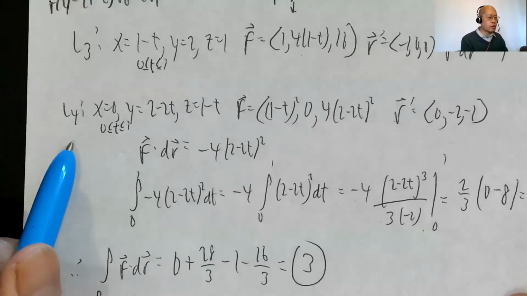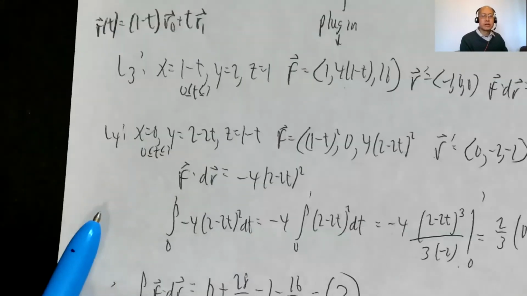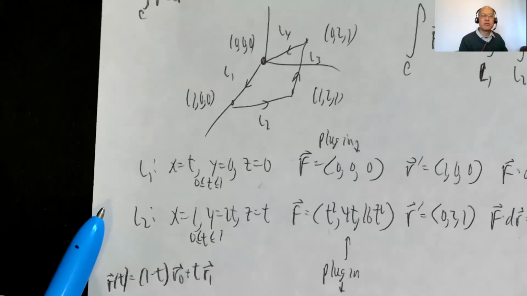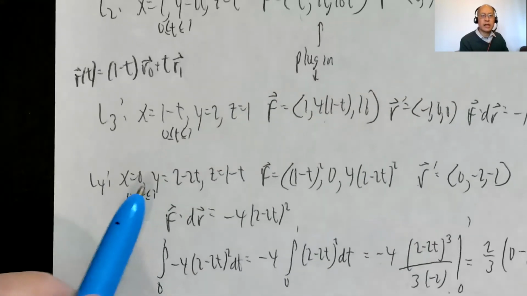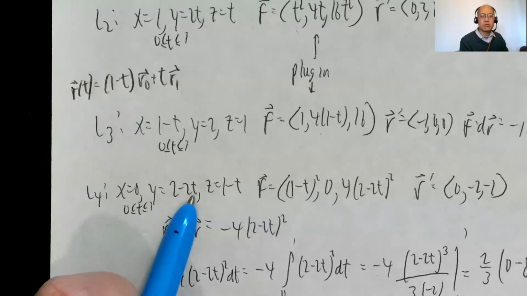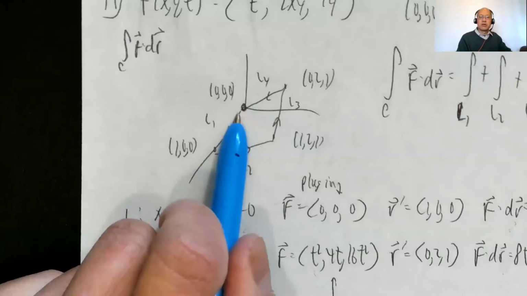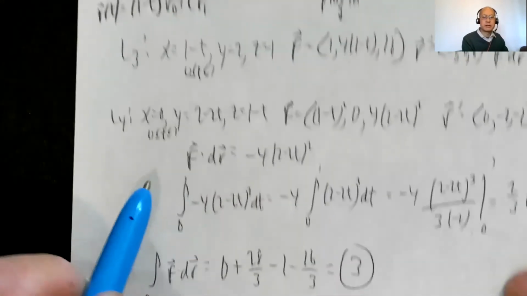And finally, L4, let's see, x is equal to 0. Y is 2 minus 2t, z is 1 minus t, just going from one point to the other, going from here to here, and applying this formula.